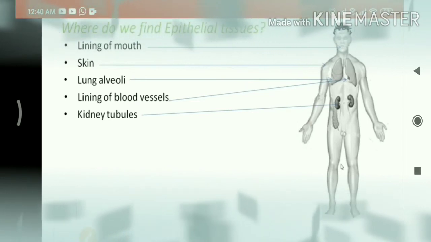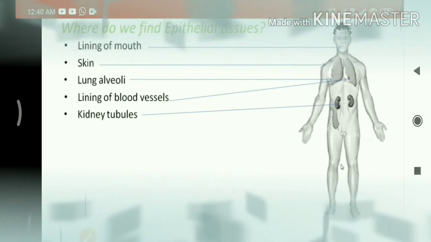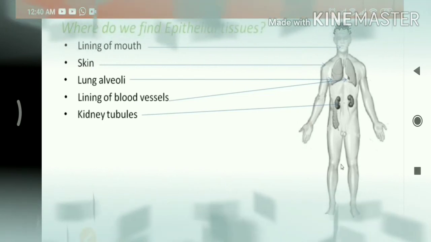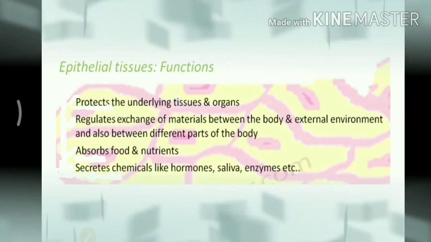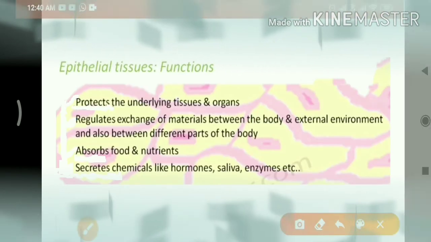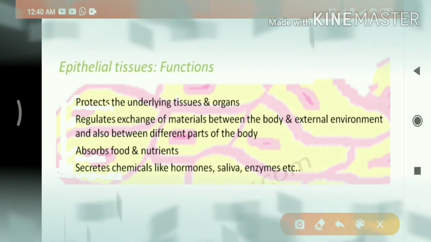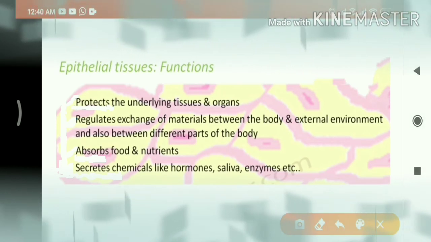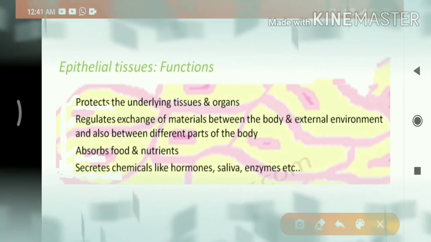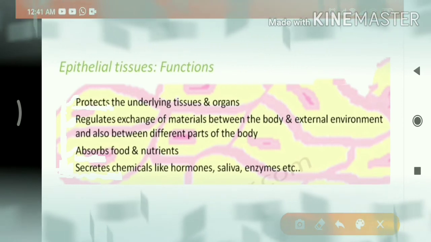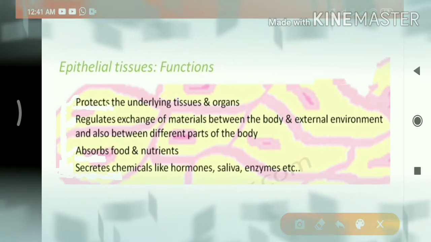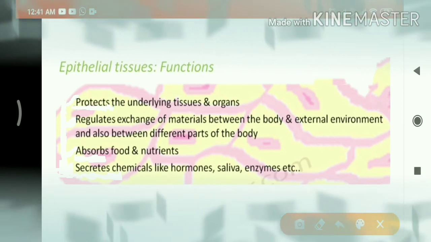In the mouth some secretion is present, while the skin has dryness and is more protective. Lung alveoli are more absorptive, and in the lining of blood vessels the process of osmosis and diffusion takes place. In kidney tubules, excretory product is formed.